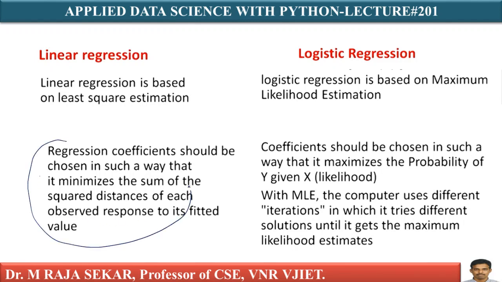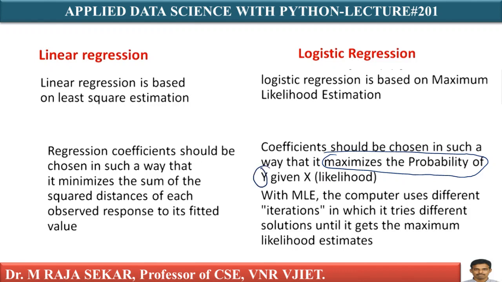This we discussed in the linear regression introduction itself. What about logistic regression? Here, the coefficient should be chosen in such a way that it maximizes the probability of y for given x, which is the likelihood.